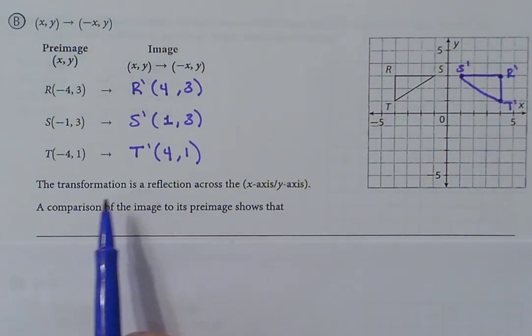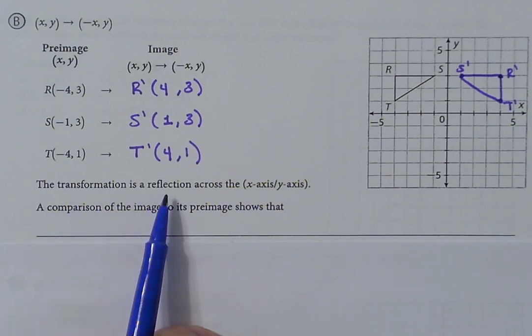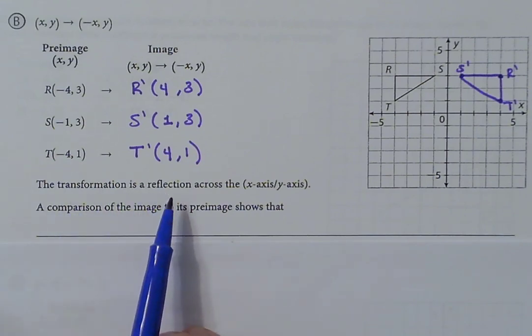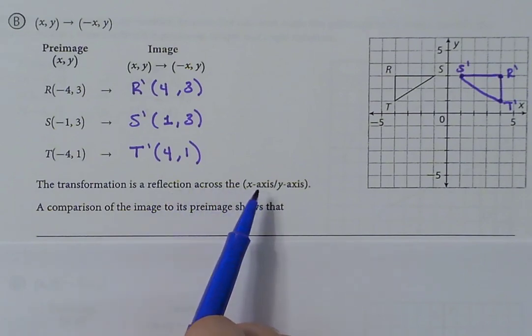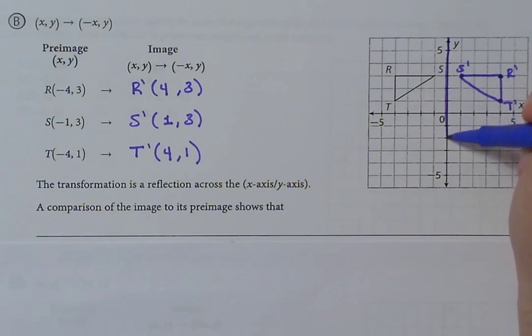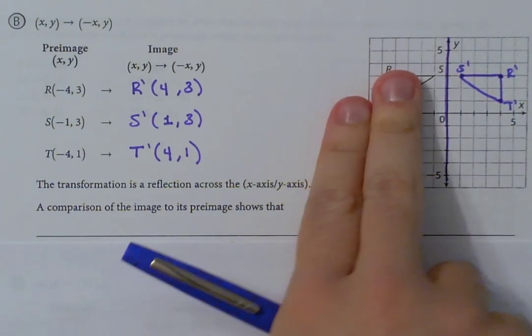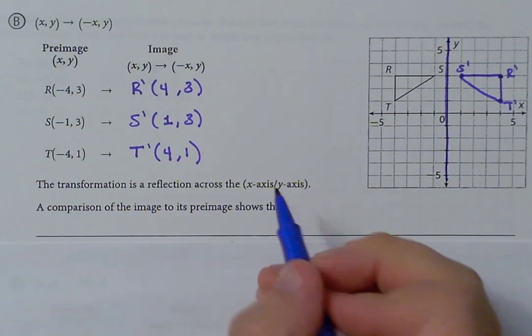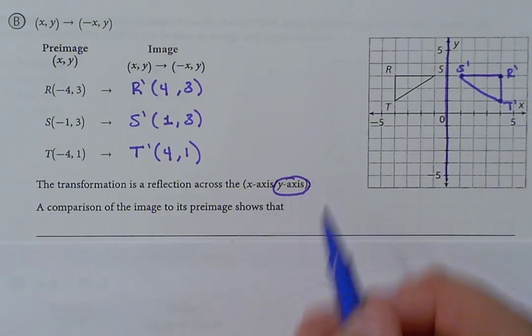Now, based off this part here, it talks about the transformation is a reflection, and we'll talk about how to identify that in Module 2. Is it across the x or the y axis? Well, it's flipping across the y-axis here because we've gone from here to here. So it is a reflection across the y-axis.